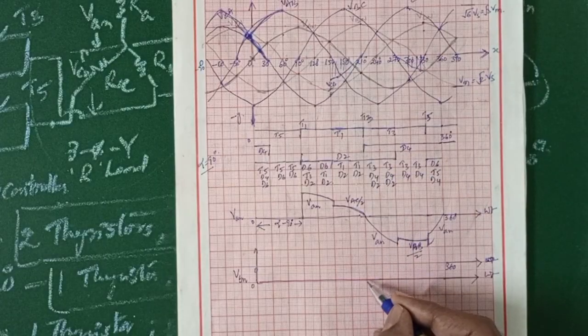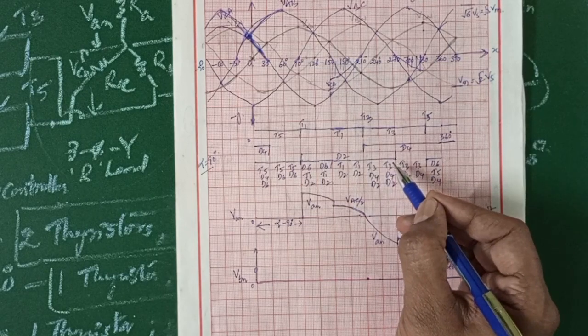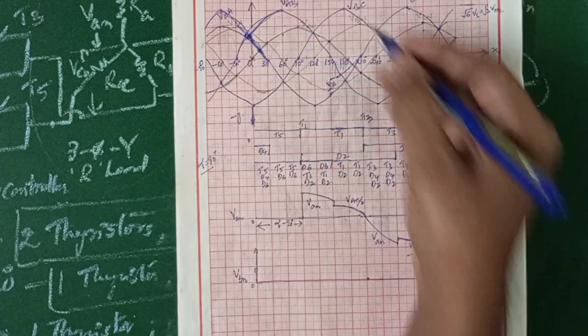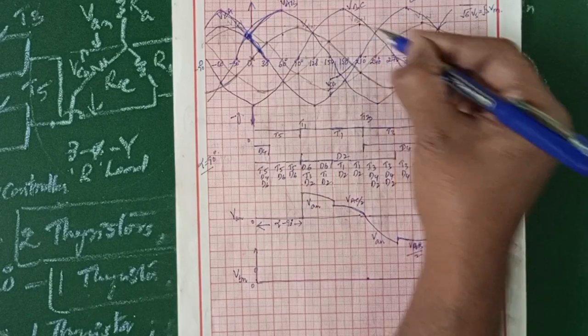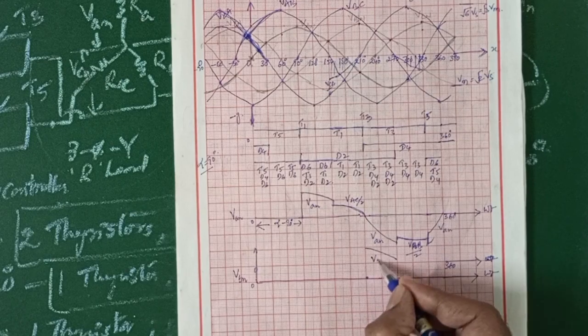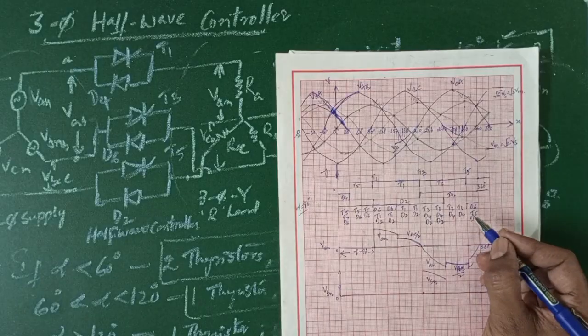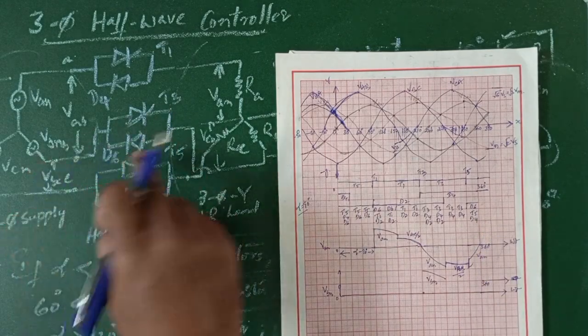We'll try to draw for VBN also. T3 is going to start at 210 and 3 devices are conducting until the next 60 degrees. So it's going to follow VBN. This is VBN. From 270, T3 and D4 only, 2 devices, and T3 is connected to VBN and D4 to VAB.